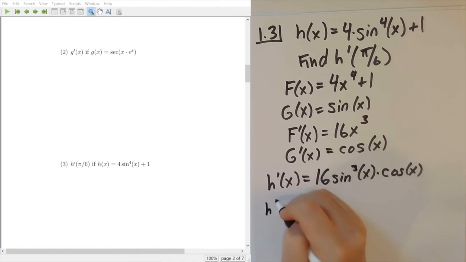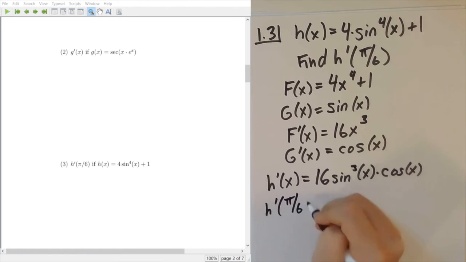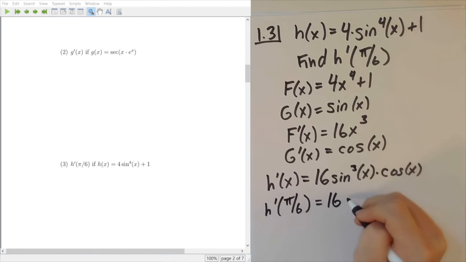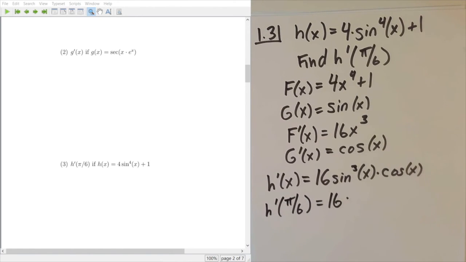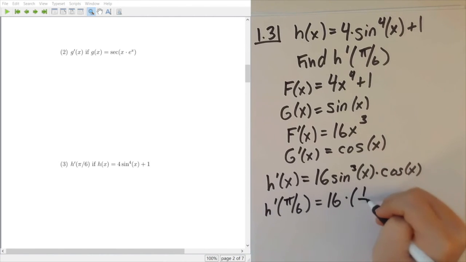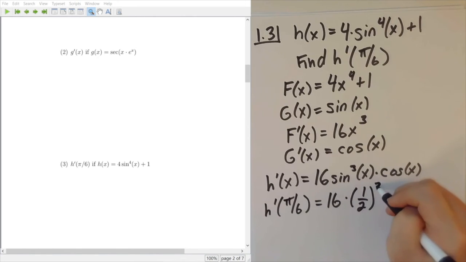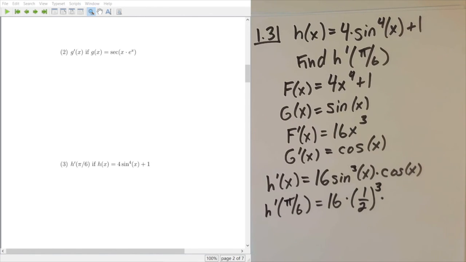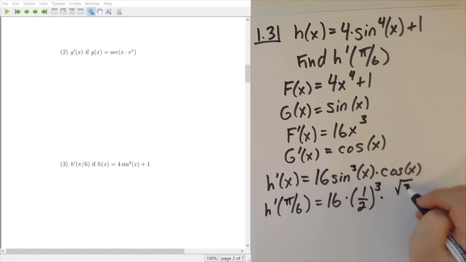So h prime of pi over 6 is going to be 16 times the sine of pi over 6 cubed. Okay, the sine of pi over 6 is a half. You can look that up on your unit circle. And then times the cosine of pi over 6, which is root 3 over 2.